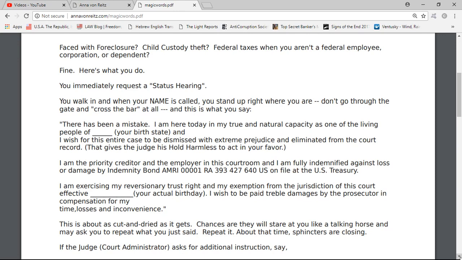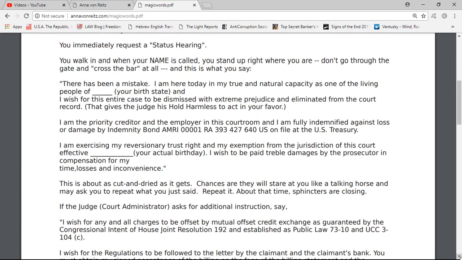Faced with foreclosure, child custody theft, federal taxes, when you are not a federal employee, corporation, or dependent, fine. Here's what you do. You immediately request a status hearing. You walk in, and when your name is called, you stand up right there where you are. You don't go through the gate and cross the bar at all, and this is what you say.